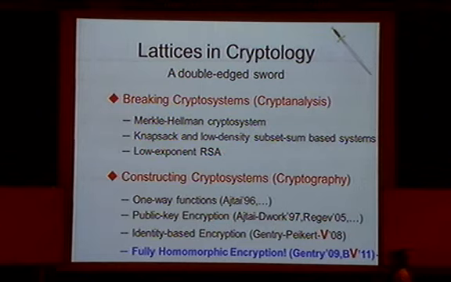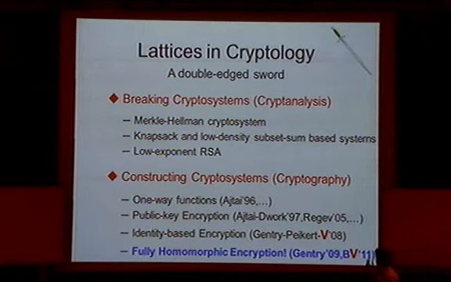Then, in the mid-1990s, people realized that lattices are useful not just as a destructive tool in breaking cryptosystems, but actually in constructing cryptographic schemes. One-way functions, starting from the seminal work of Ajtai in 1996, began this constructive use of lattices in cryptography.